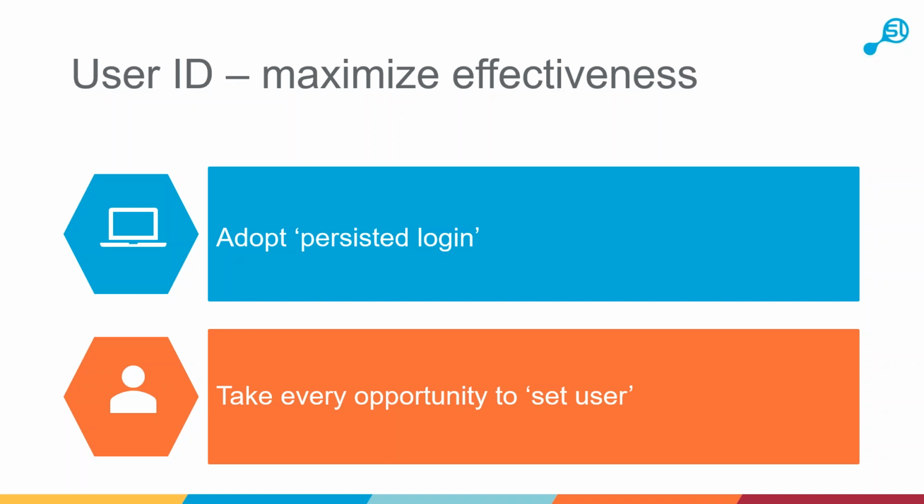It's also important to take every opportunity to set the user ID. So if you are doing an email shot, you might be able to inject the user ID into the email. So when a user opens the email, we can send a measurement protocol hit into analytics, and we can track that the user has received that email and opened it, and we can see that.